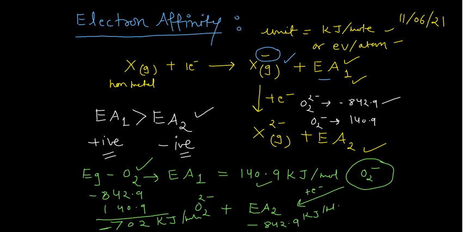So this I have already told you, whenever this first electron affinity is there, it would be positive. For second it would be negative, because we have to overcome the repulsive forces exerted by the electron, right? So this is how you can define the electron affinity, and you can explain the concept of the electron affinity.